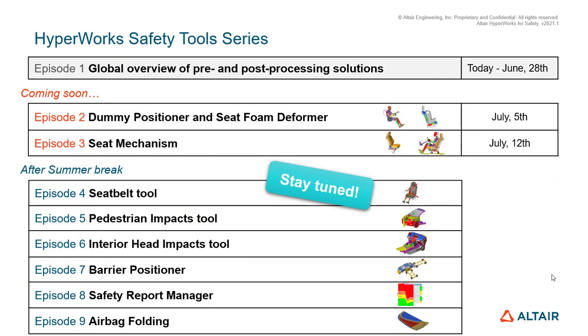So this was episode 1 of this HyperWorks Safety Tools series, and today was just a global overview of pre and post processing solutions. There are two sessions coming up, episode 2 and episode 3. Episode 2 is dummy positioner and seat deformer, which is going to happen on July 5th.